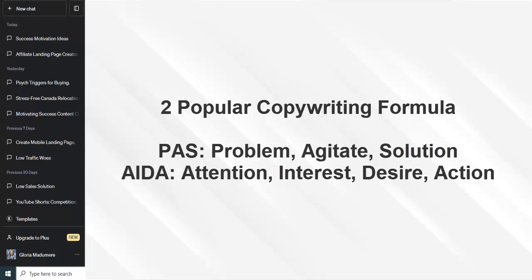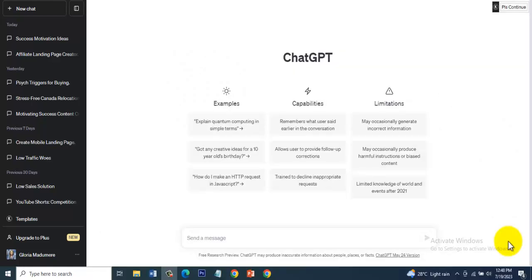The PASS stands for problem, agitation, solution. These are formulas that I discussed in my course on Advanced Sales Accelerator. I'm not going to be going into detail with it, but the reason I mentioned these two is because we are going to be writing ad copies and we are going to be telling ChatGPT to specifically use those formulas to create ad copies for us. So now let's go ahead.